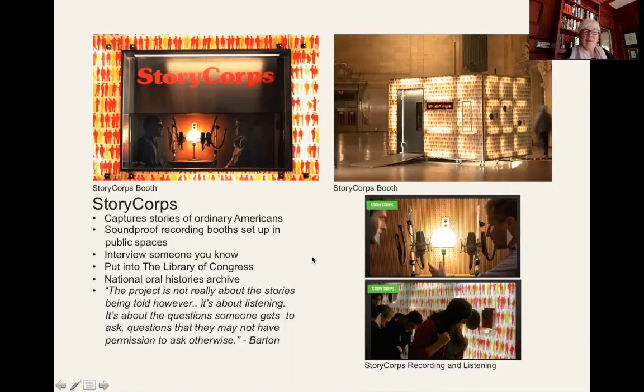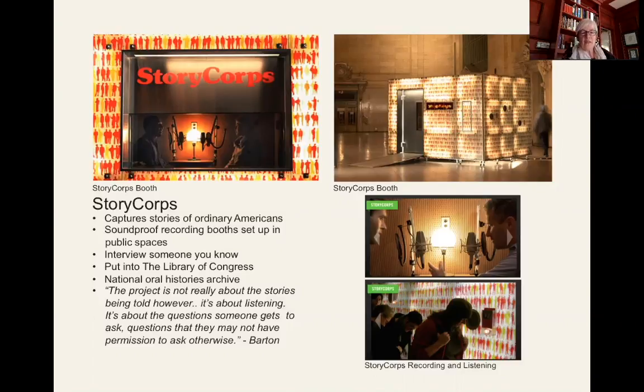Then you can put your story in the Library of Congress, and it becomes basically a national oral histories archive, which is pretty neat. So it's kind of a celebration of people and their connectivity. You record your stories and people can listen to them.